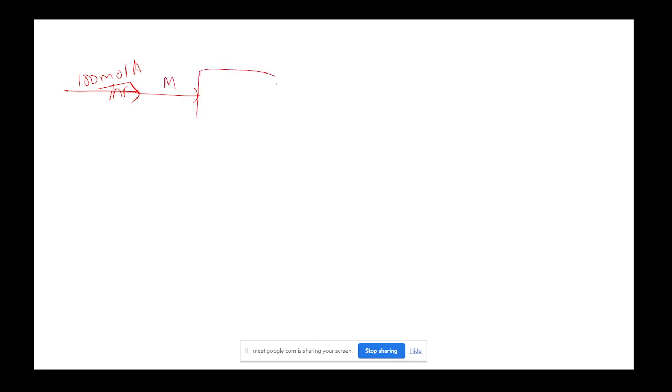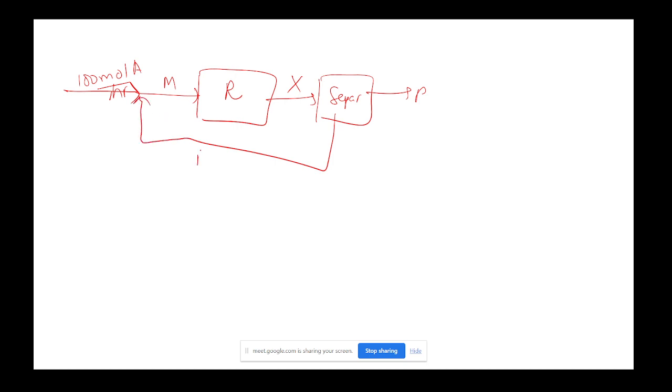This is mix, this is reactor, this is separator, this is product, and this is recycle. So recycle has 995 mole per hour of A. This has 1000 mole per hour of A, and this has 5 mole per hour of A. So this is the simplified form.